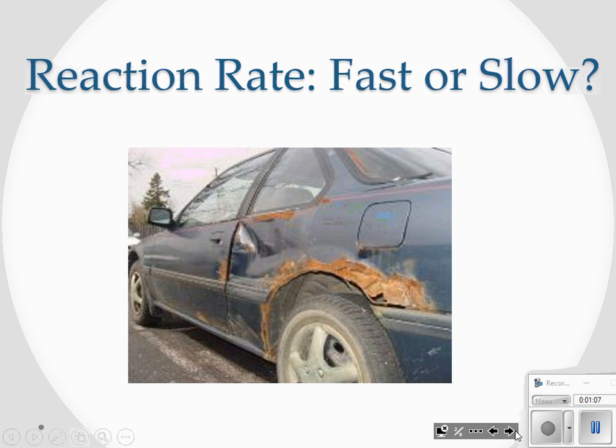You ever heard of Z-Bart? It's like a protective coating that they would put on your car and the undercarriage to prevent the rusting. So, when that metal comes into contact with the air, it's a slow process of that car rusting.